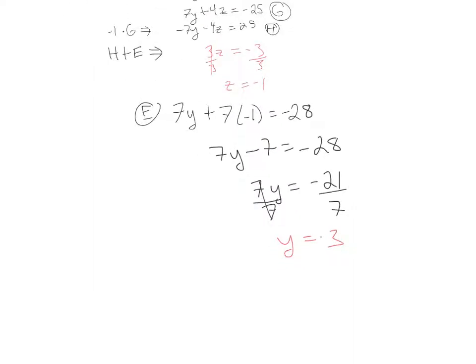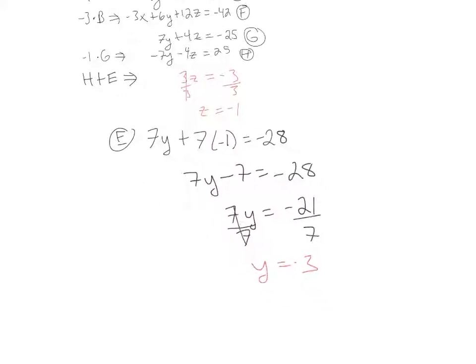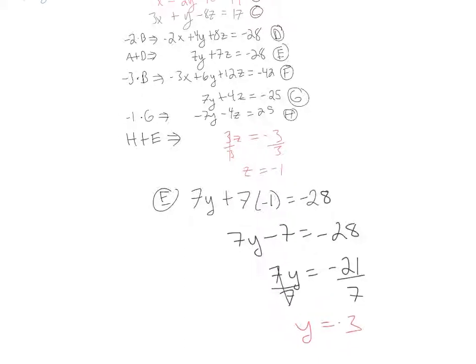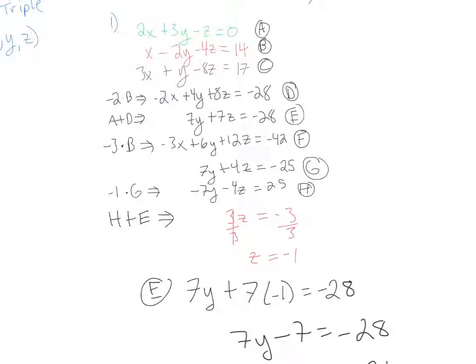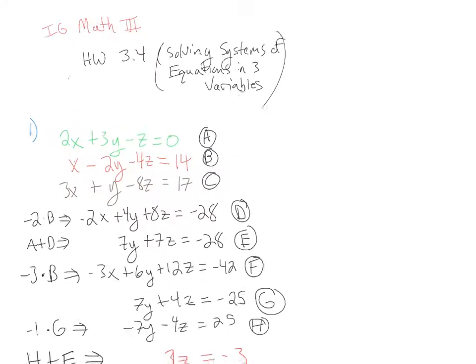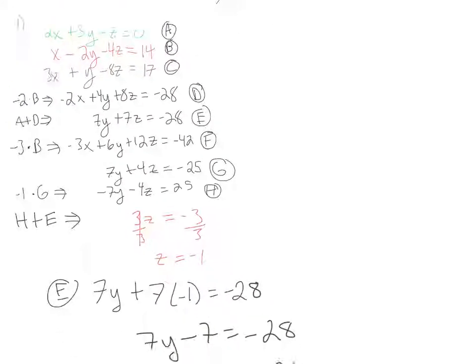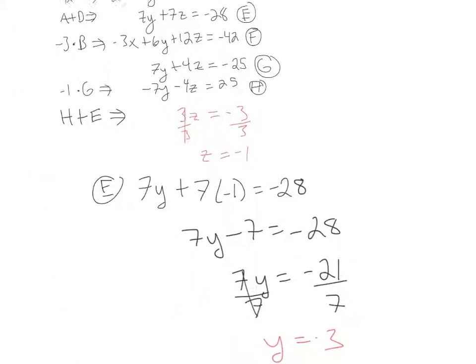Excellent. Almost there, just need to find our x. So let's go ahead and plug back into one of our original equations. For some reason my writing just got bigger and bigger. Let's plug back into letter A. Once again, we know that z is negative 1, y is negative 3.